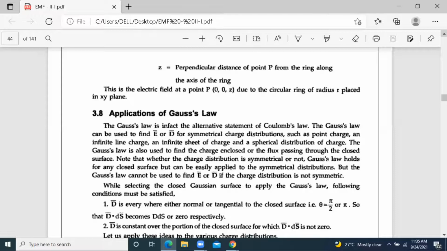Think of it this way. Say you have a point charge and you enclose it by a sphere. So this charge is radiating electric field.